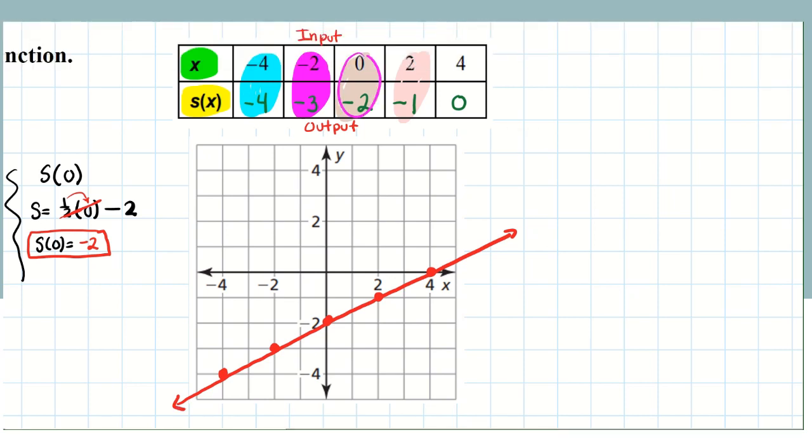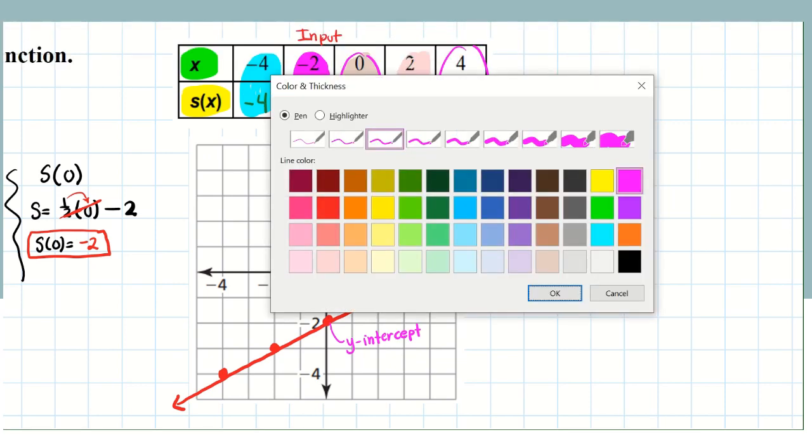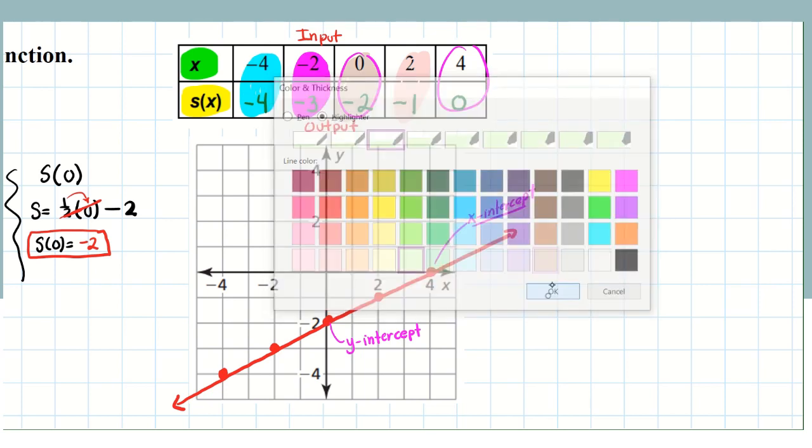And let's go ahead and label 2 specific points that I just circled on the table. When it crosses the x-axis, that's called the x-intercept. And later, we're going to learn how to graph linear functions with our intercepts. So it would be helpful if you guys are able to identify them moving forward.